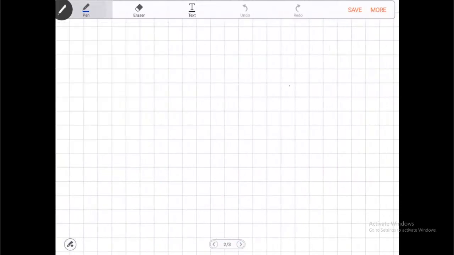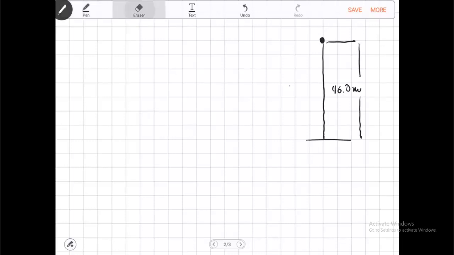Here, the egg is released from the top of the building, from the 46.0 meters height at this point. You are releasing this egg here. This distance is y, okay.